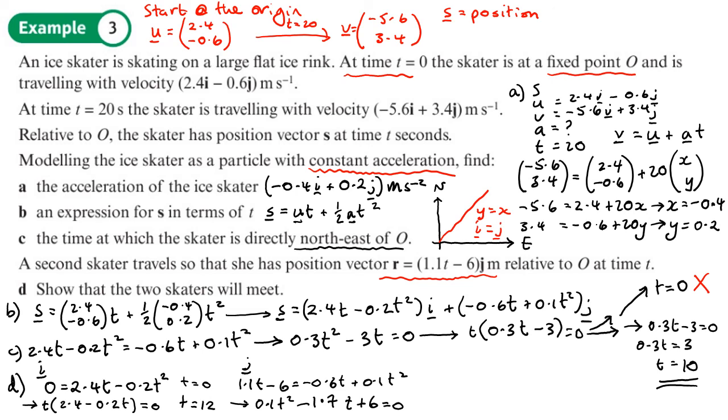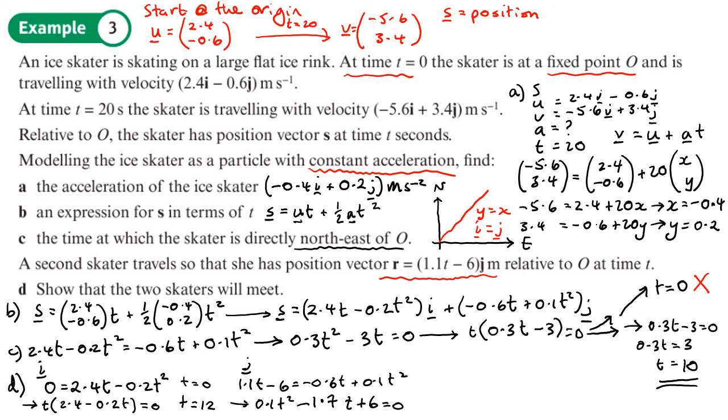So menu and A, and menu, let's go down to solve, and it's a polynomial degree 2, and let's type in the coefficients. 0.1. I could multiply everything by 10, by the way, I don't need to. Negative 1.7 and 6, so I'll get solutions of 12 and 5.